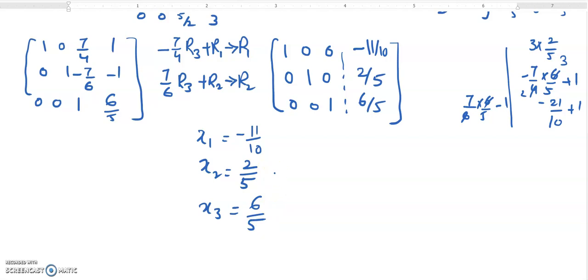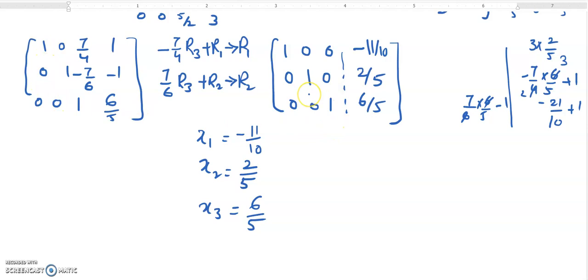The main difference between the Gauss-Jordan and the Gauss elimination method is that in the Gauss elimination method you make only those coefficients 0 which are below the leading coefficients.